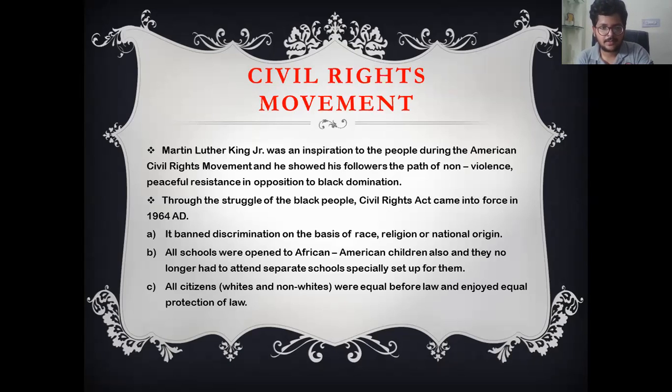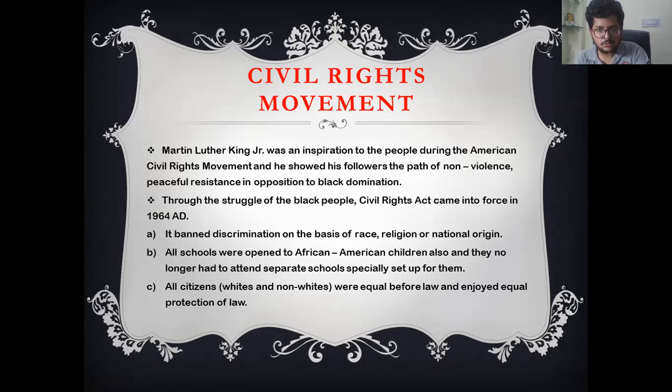Number one, it banned discrimination on the basis of race, religion, or national origin. From when this act was passed, people were told not to discriminate against others on that basis.